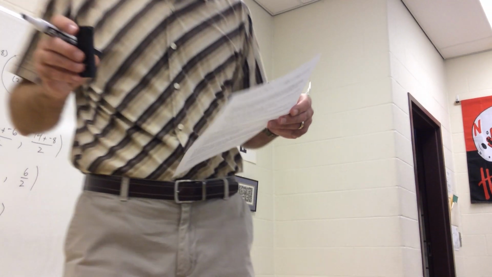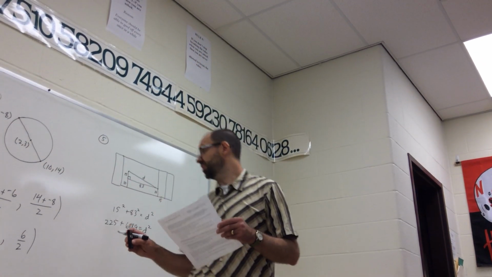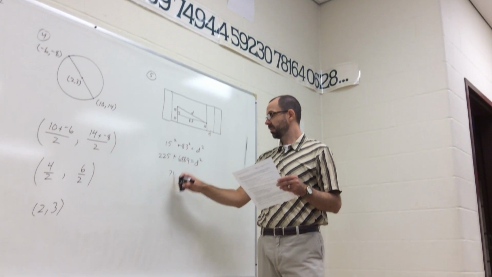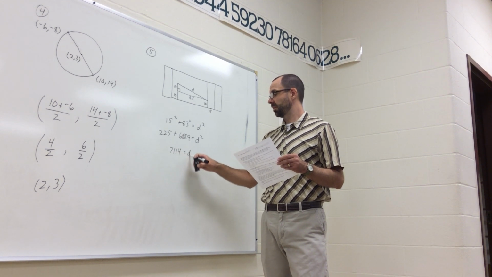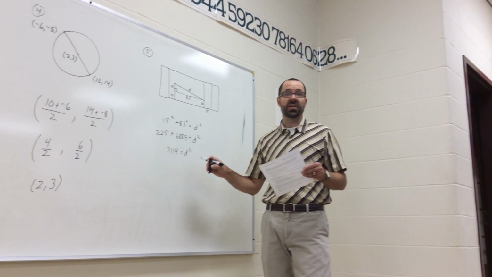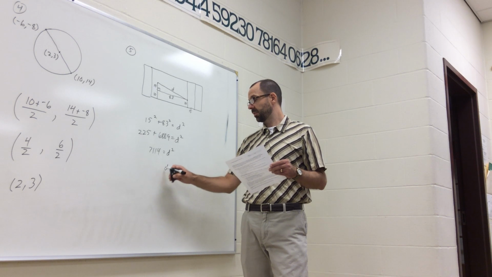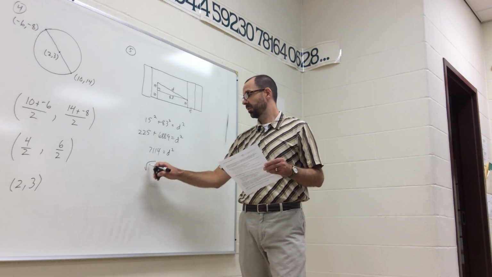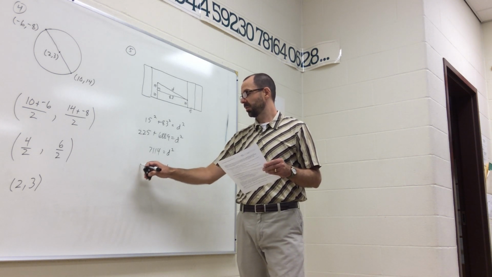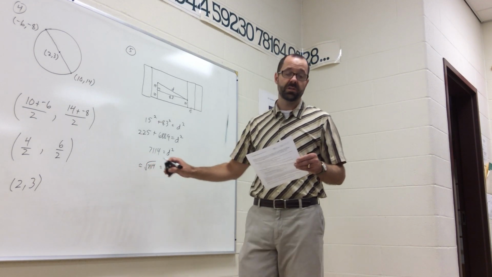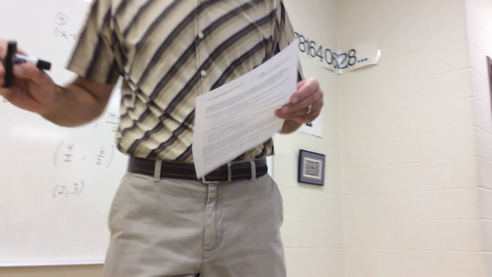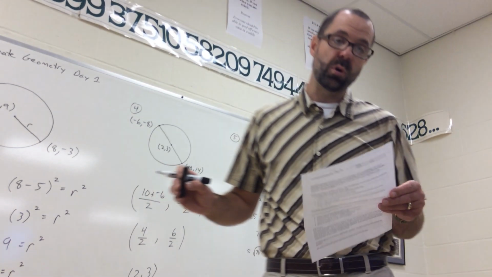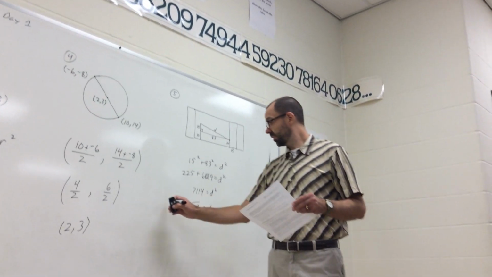So then you add 225 plus 6889, and that's 7,114. And then you take the square root. So like I said, this guy's a really good punter. He punted at 84.3 yards.